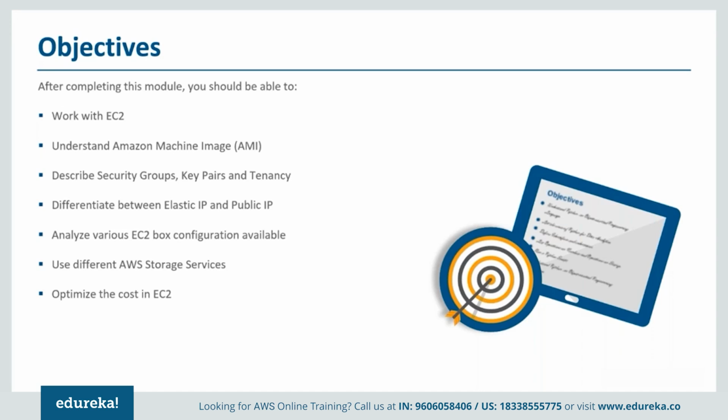Then we'll have a quick understanding of what exactly an AMI, an Amazon Machine Image, is, how to define the security groups, key pairs, and tenancy, what the main difference between Elastic IP and public IP is, the different types of EC2 box configurations available, what the different AWS storage services available are, and how we can optimize the costing in EC2. That will be our main agenda for this entire session today.